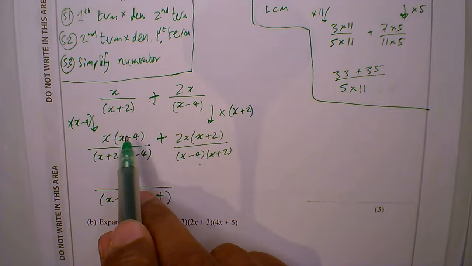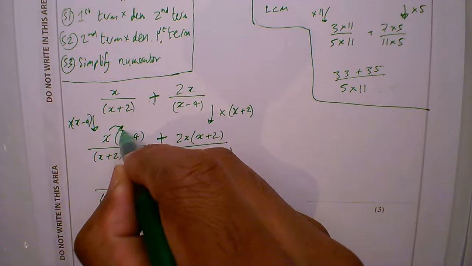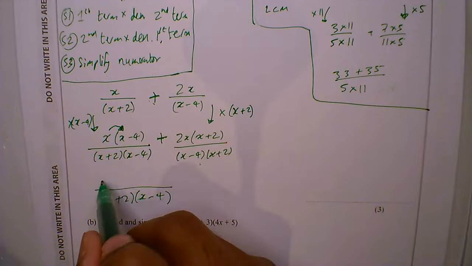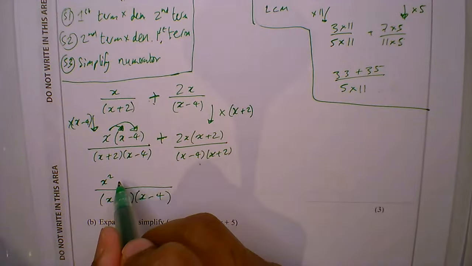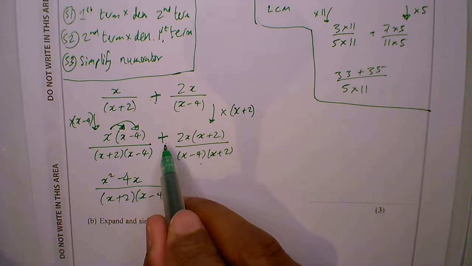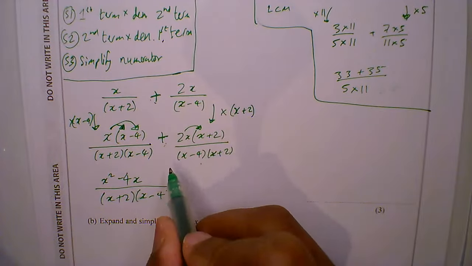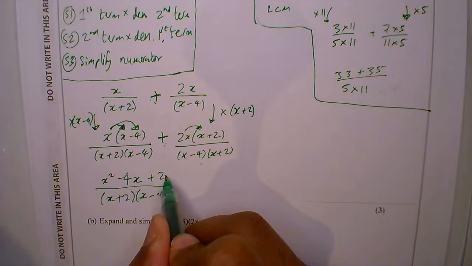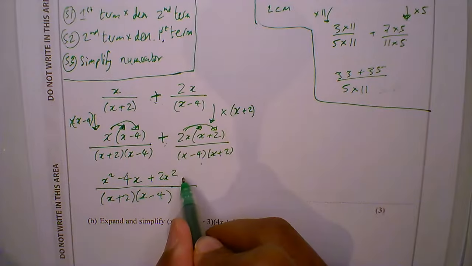Now I have to work this out, simplifying the numerator. I've got to multiply this out, expanding the brackets. x times x is x squared. x times minus 4 is minus 4x. 2x times x is 2x squared, so plus 2x squared. 2x times 2 is 4x.